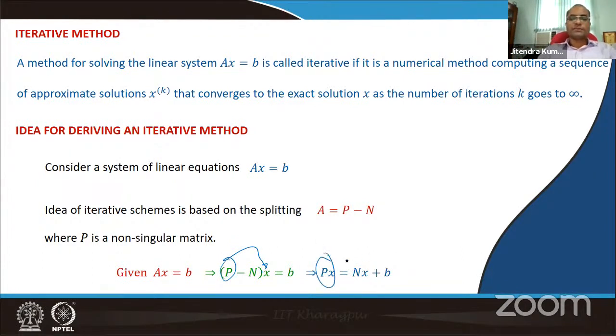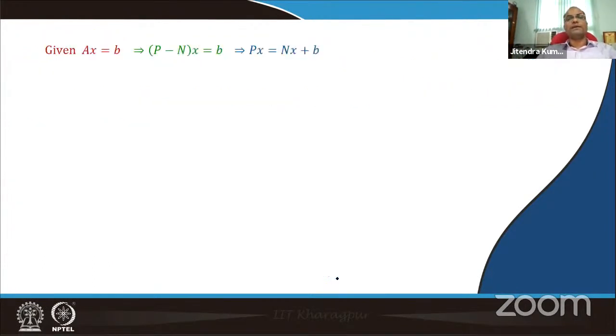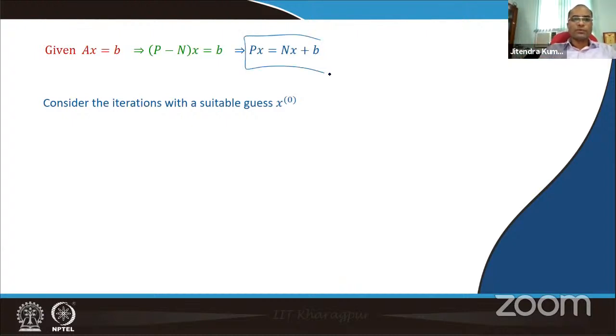So you have Px = Nx + b, and now we are almost done, because to set up this iterative method, on the left hand side you take x. P is a non-singular matrix, so we can take the inverse. So you have P inverse N x plus P inverse b.